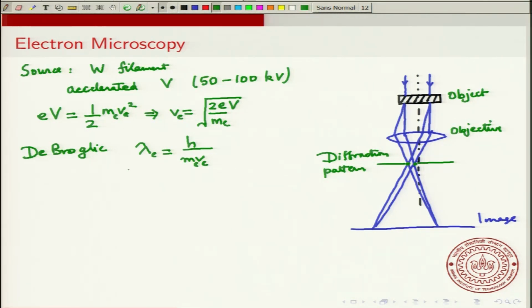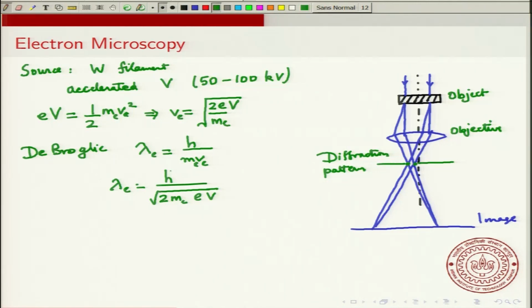If you substitute this, you will get lambda electron, given by h divided by square root of 2 m_e eV.